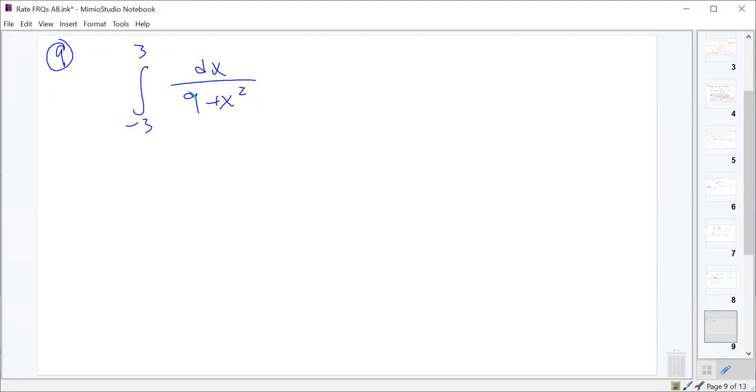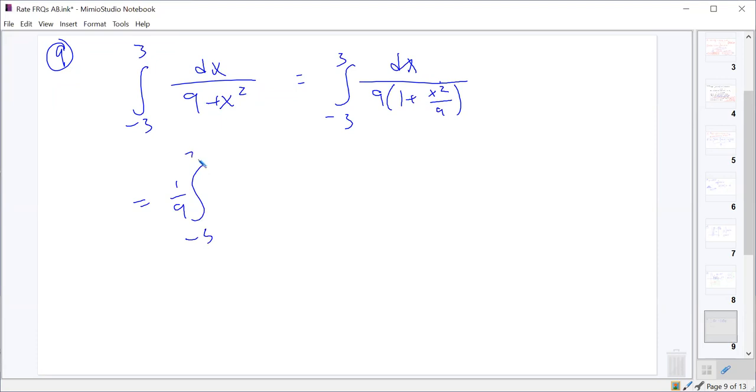We factored out the 9 here. 9 times 1 plus x squared over 9. And we took the 1/9 out. And then this became dx over 1 plus x over 3 squared.